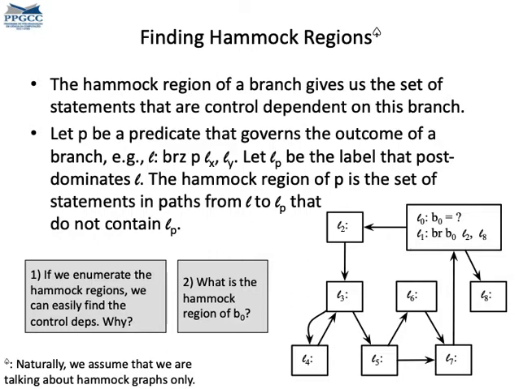And if we talk about the variable that controls some branch, like B0 here in the example, then we can define the influence region of B0 as the Hammock region that starts at the basic block where B0 is used in the branch. For instance, what's the Hammock region of B0 in this example? Think about the block that contains B0.